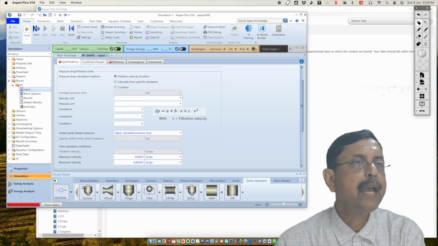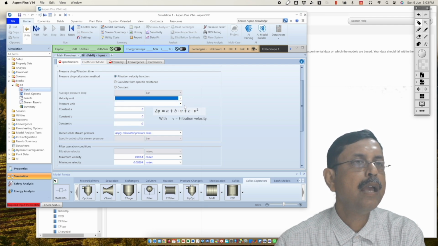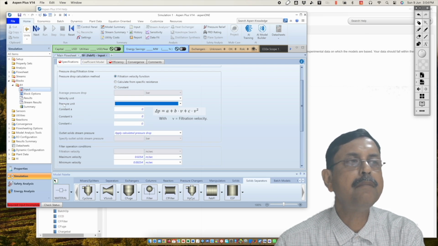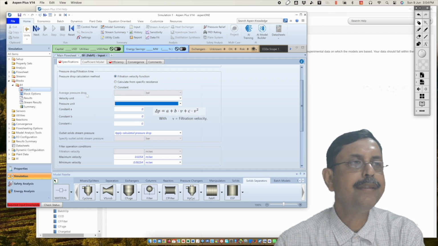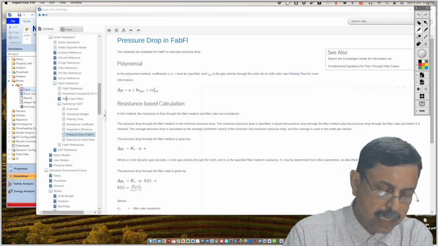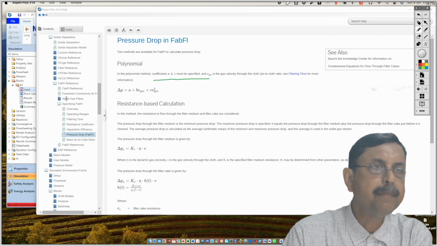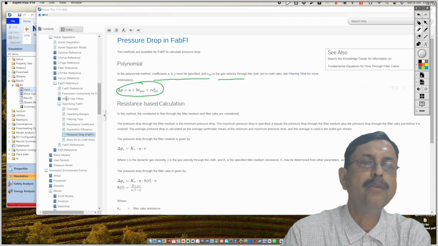You can provide the velocity unit in terms of whichever unit you choose, and the pressure and the constants A, B and C you have to provide based on the velocity unit and pressure unit you choose. So here it is given in detail. In the polynomial method, coefficients A, B and C must be specified, where V gas is the gas velocity through the cloth. So this is the equation.